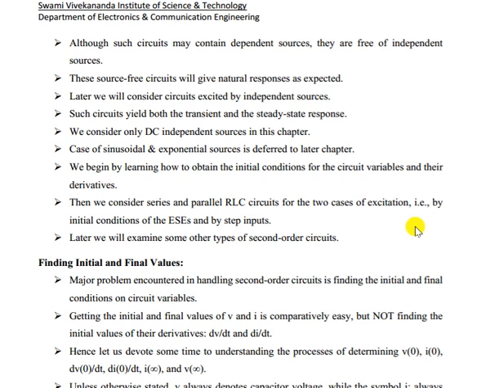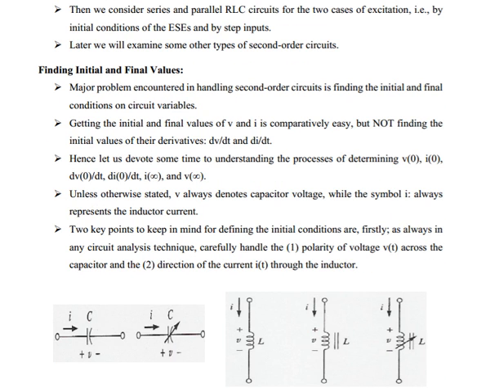Now in this case the major problem is that we have to find out the initial and final values. That means we have to find out v0 and i0, that is the voltage across the capacitor and the current through the inductor, and we also have to find out dv0/dt and di0/dt.